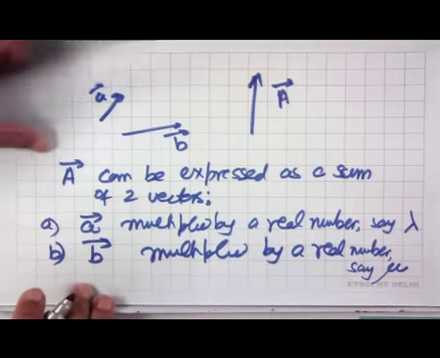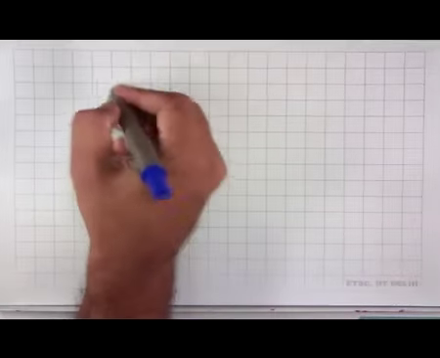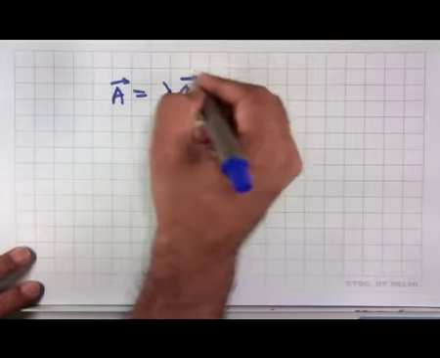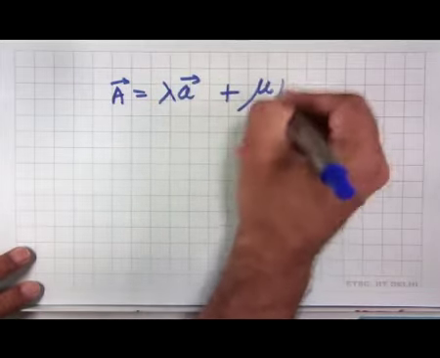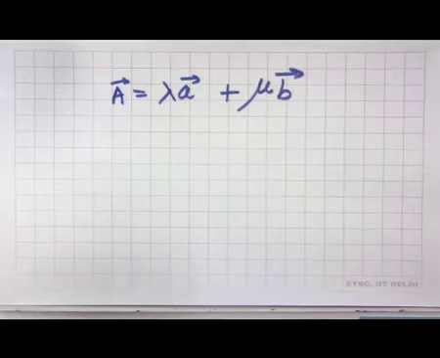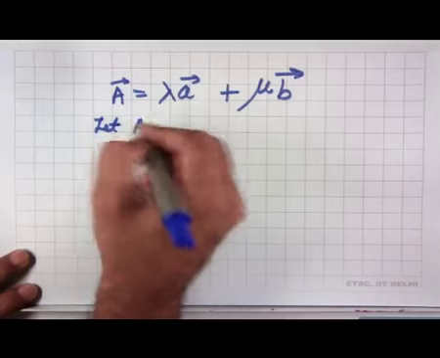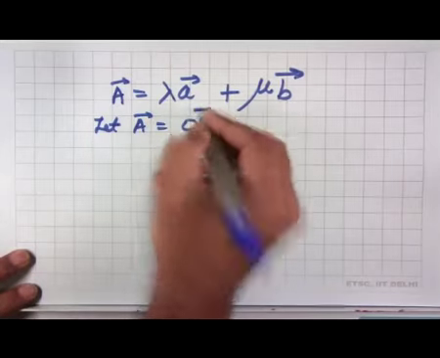So, what we are saying is we can express A as lambda times small a plus mu times small b. To understand this, let vector A be equal to OP.